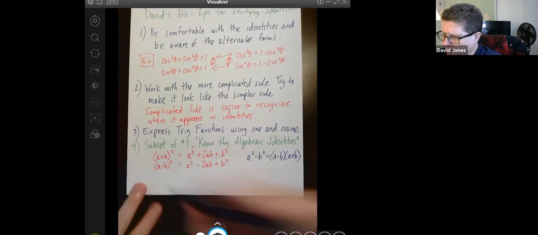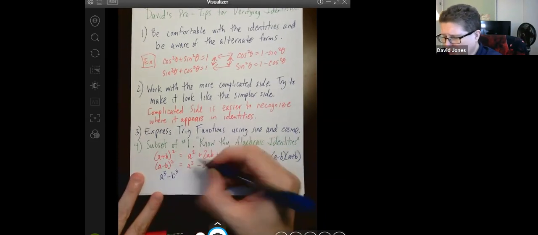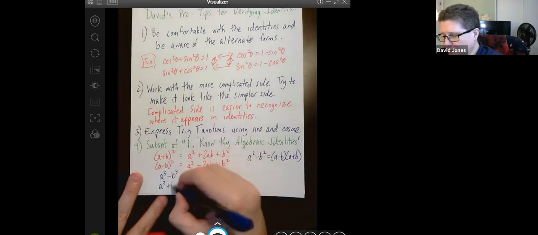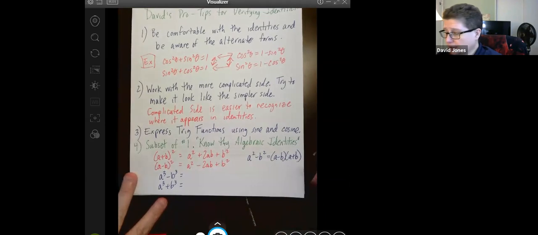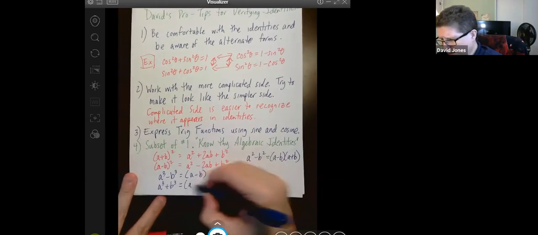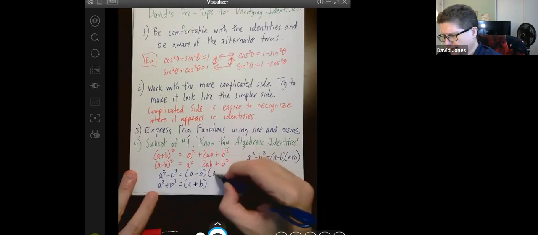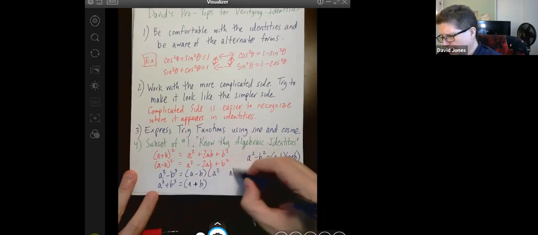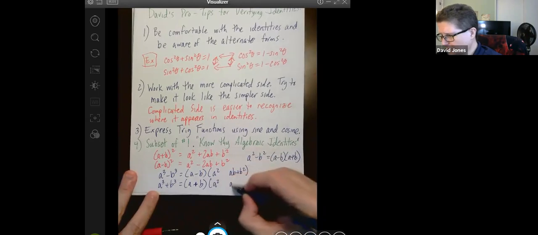And then we've got A cubed minus B cubed, and it's very similar to A cubed plus B cubed. These are the cubic ones. They always have, to start off with, A and B, and they use the same sign that it starts with. Then it has an A squared, AB, plus B squared in both of them, multiplied times the first parentheses.